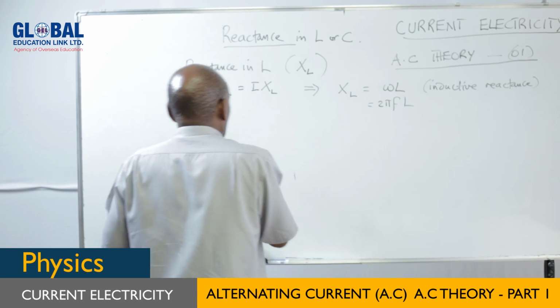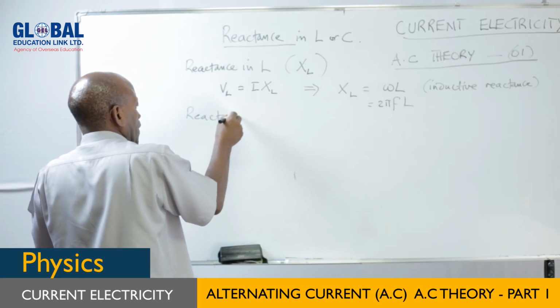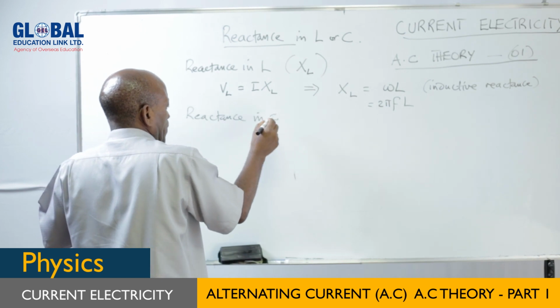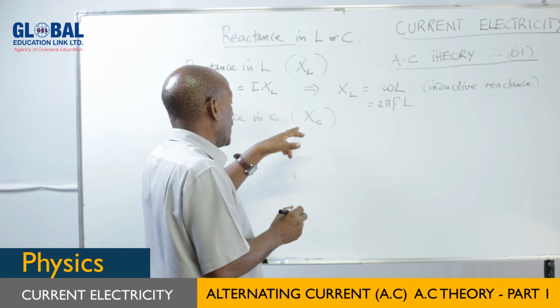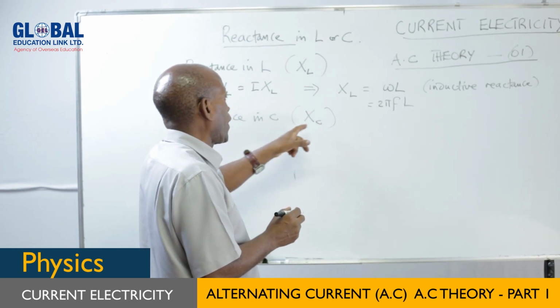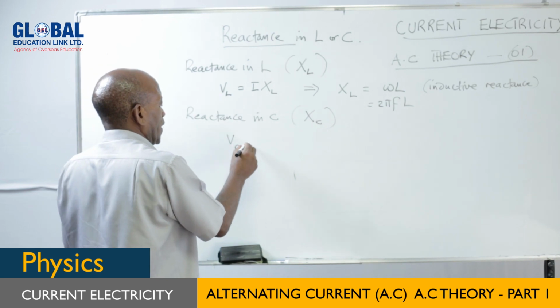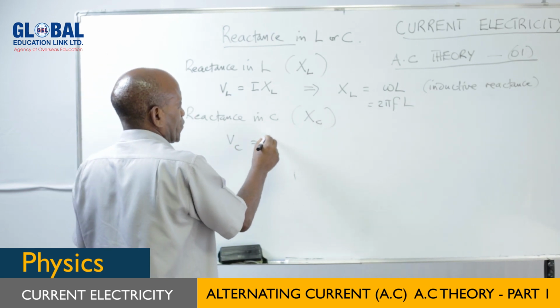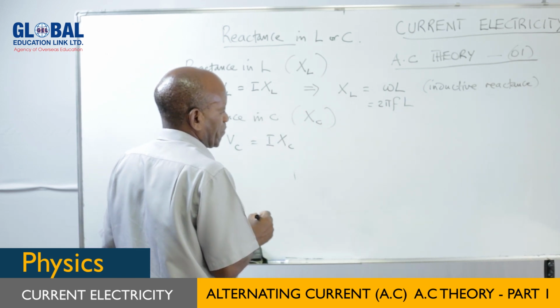But for a capacitor, we have what we call reactance. For a capacitor, we have X sub C. This is what we call capacitive reactance. And the voltage through a capacitor is just equal to the current times the capacitive reactance.